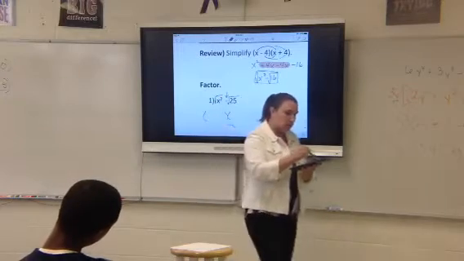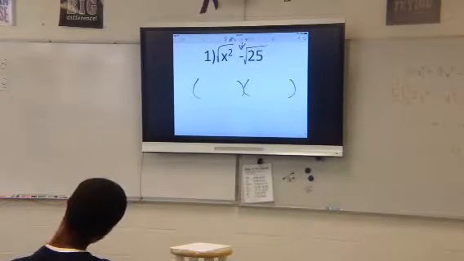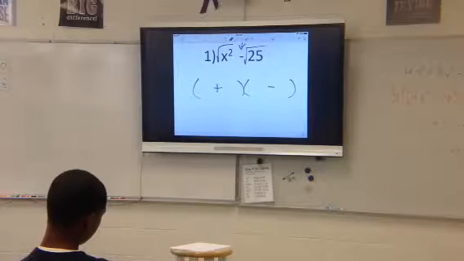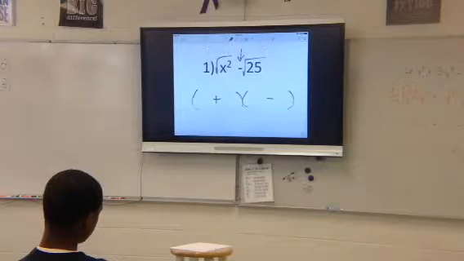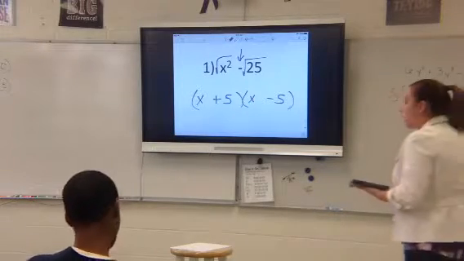Since I know that those canceled out, I know that I've got a positive and a negative. So positive, negative, doesn't matter which one's which. Okay, and then the square root of x squared, what will that break into? And Maija tells us it was x and x when she gave us the answer. And then 25, the square root of 25 is 5. So she did it right. Okay.